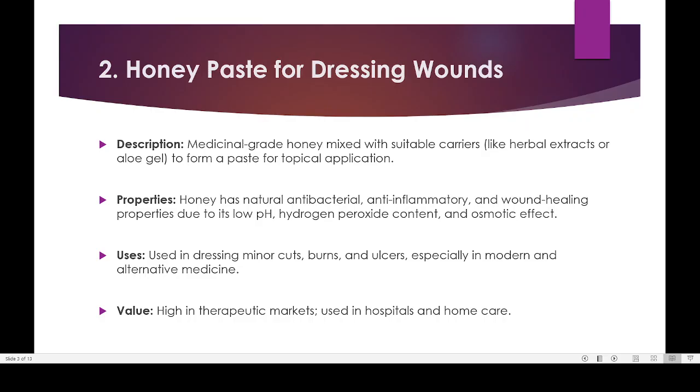These ointments are now available, see here, different types of honey paste are available. So honey has a medicinal value. That is what we should understand by that. Here also you can find different types of honey paste.